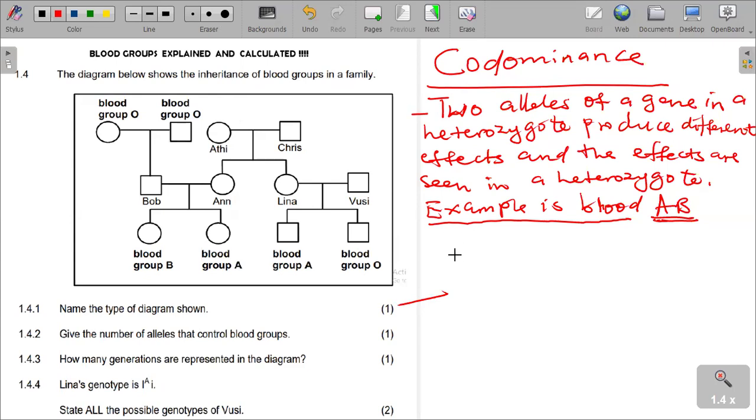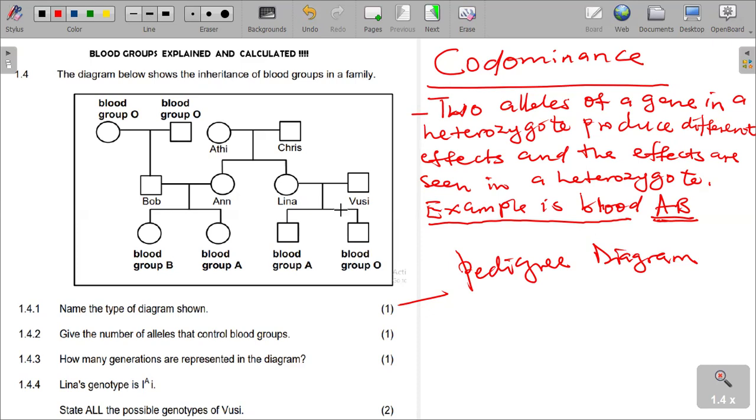It is called a pedigree diagram. It is a diagram that shows the inheritance of characteristics in a family.